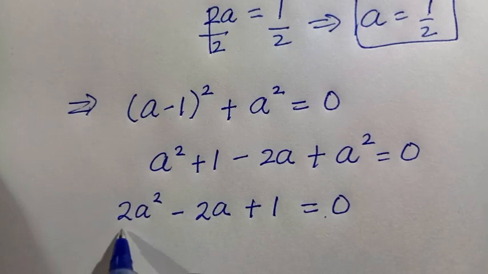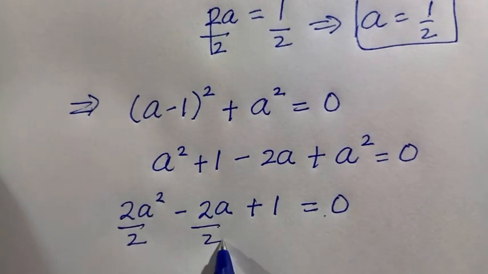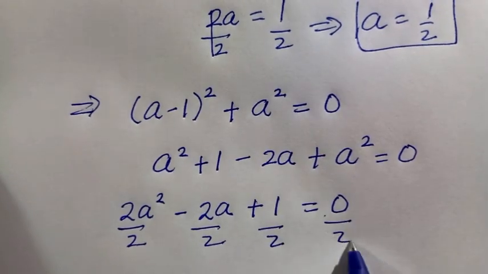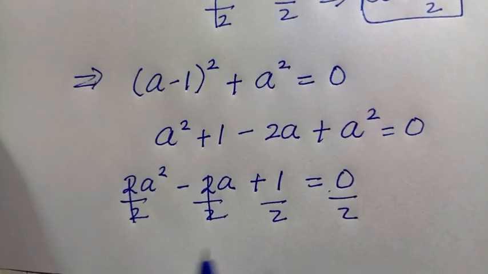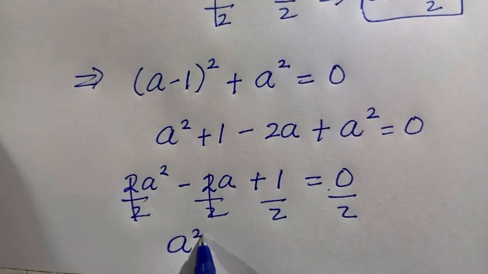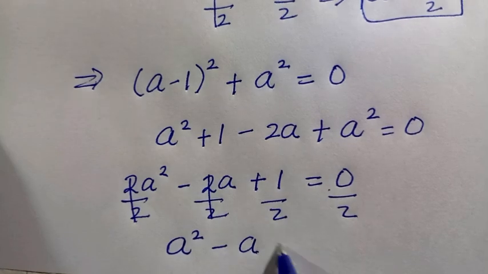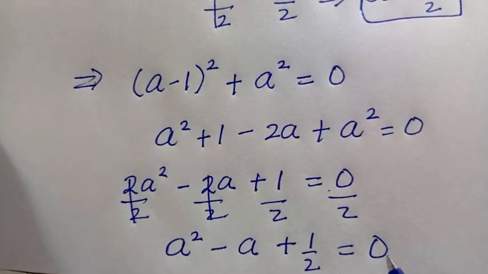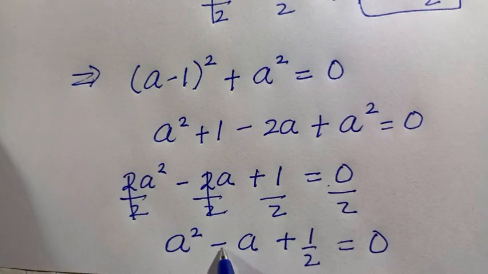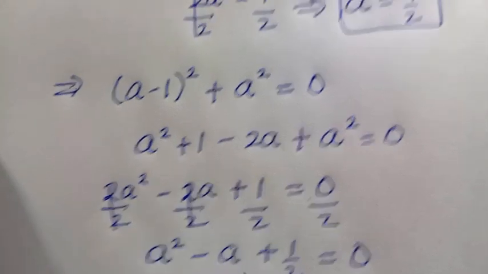Suppose we divide both sides by 2. By dividing throughout by 2, this cancelled, then we have a squared minus a plus 1 over 2 equals 0. So we have this minus a, which has the coefficient of 1, or let's say minus 1 rather. Let's divide that 1 by 2 and square it.